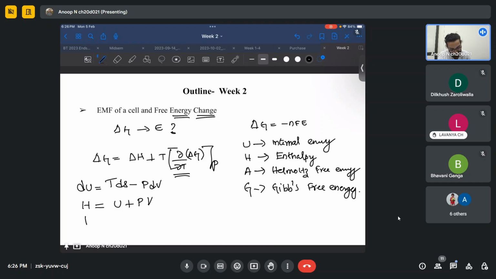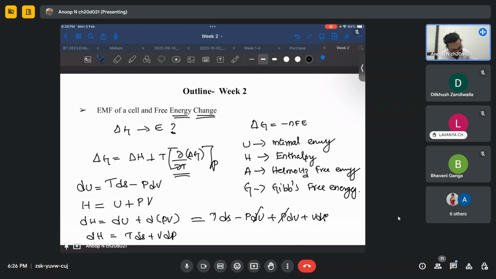So dH is equal to dU plus d of PV, which is equal to, substituting, TdS minus PdV plus PdV plus VdP. I'm taking the derivative, so this will cancel out. So dH can be written as TdS plus VdP.